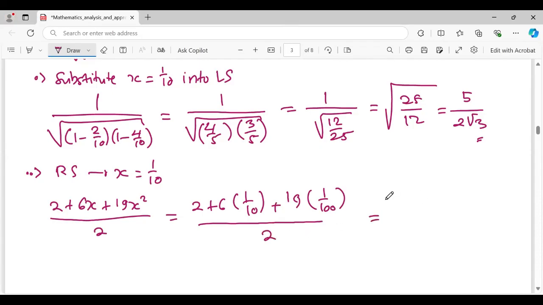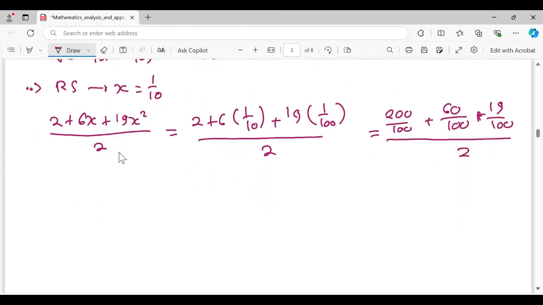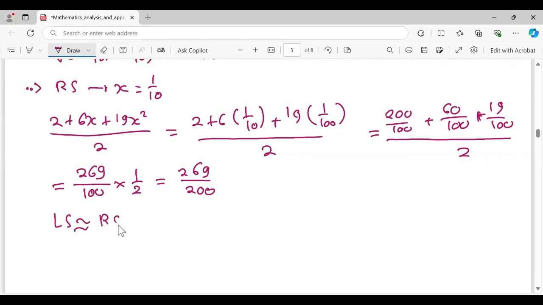And it is 200 over 100 plus 60 over 100 plus 19 over 100, over 2. And it's going to be 269 over 100 times 1 over 2. So 269 over 200.